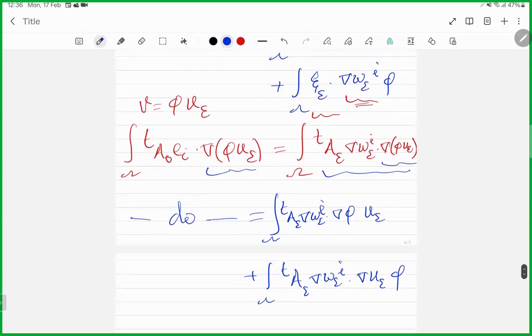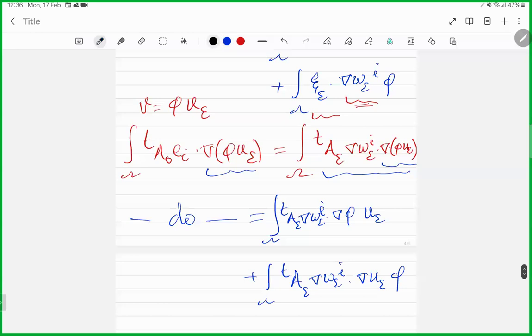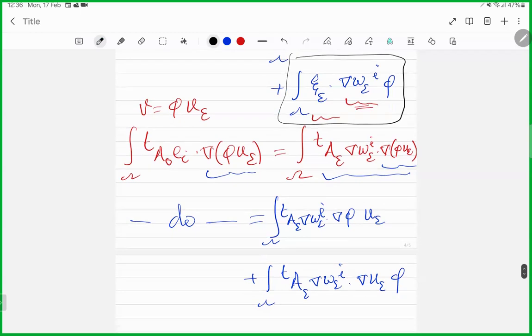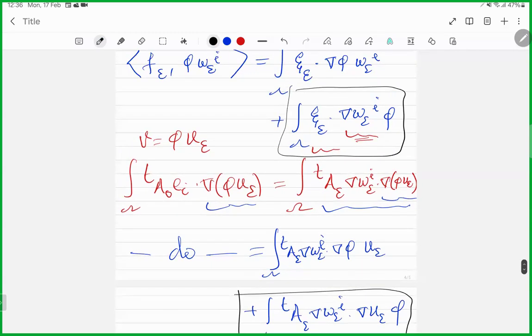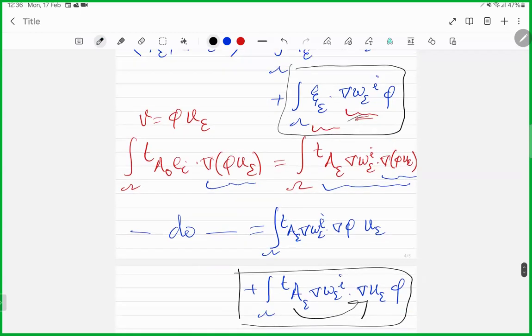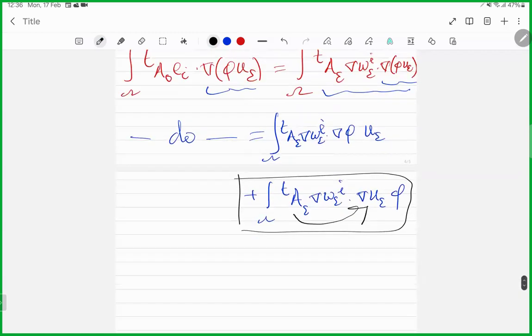But now you look at this term here and this term here. They are the same, right? That's why we are working with the transpose, precisely because I can bring it here. This is xi epsilon, which is exactly this term. So I can replace the term here with whatever I have here in this equality. Okay? Is that okay?